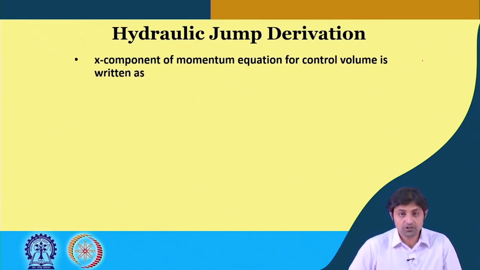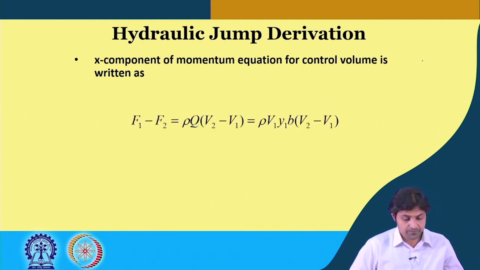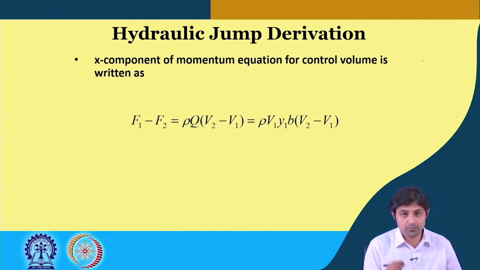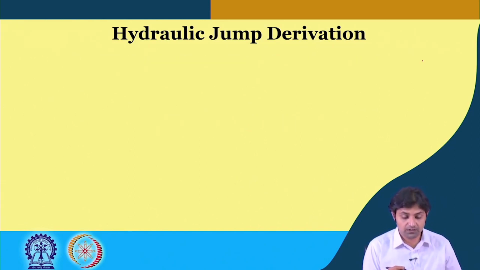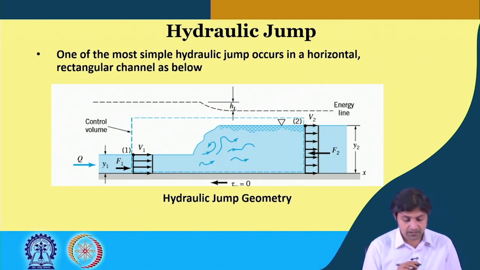So, we have seen what the control volume is. The x component of the momentum equation for the control volume is written as F1 minus F2, the difference in the hydrostatic pressure forces, equals rho q (V2 minus V1). So, we go back to our original diagram and see what exactly we are talking about.